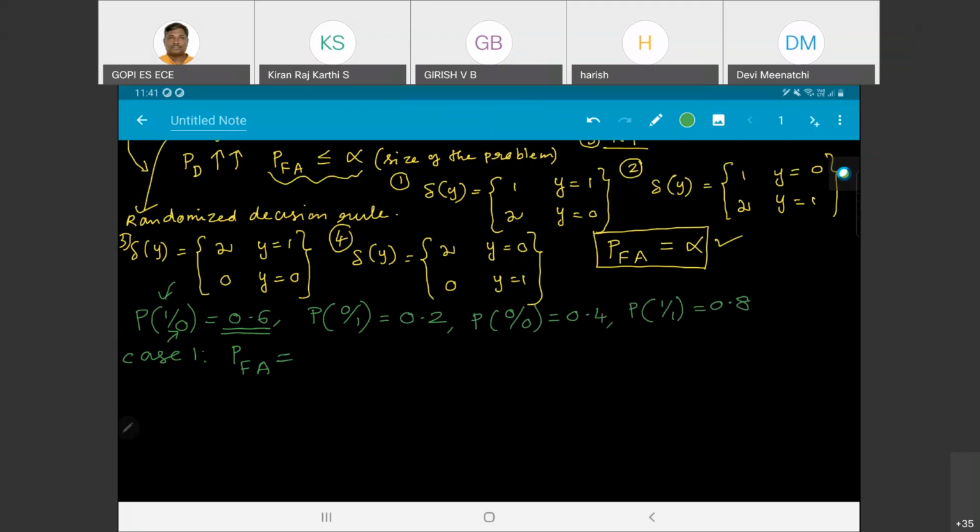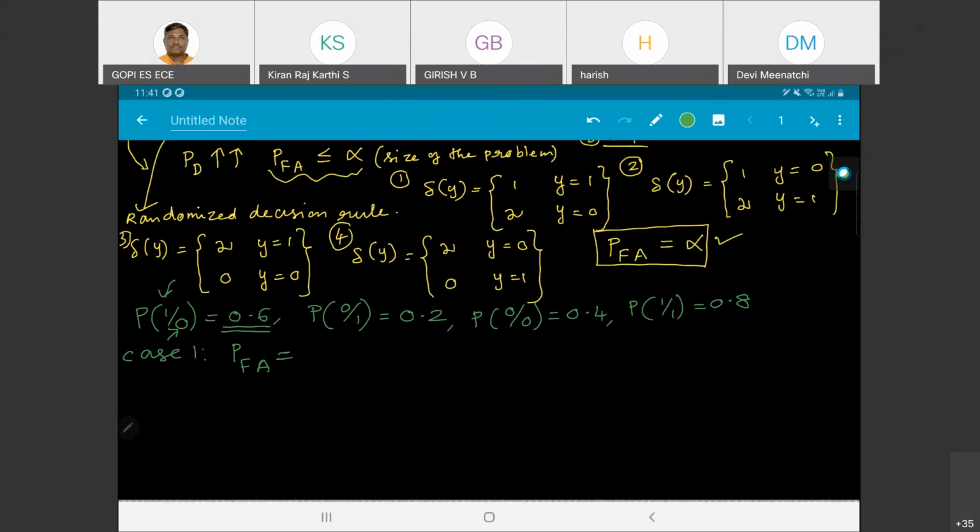Now I want you to compute this probability of false alarm for the first case here, right? Once again, recollect, these values are probabilities, and delta of y is basically the randomized decision rule, always deciding in favor of 1 with a different probability.